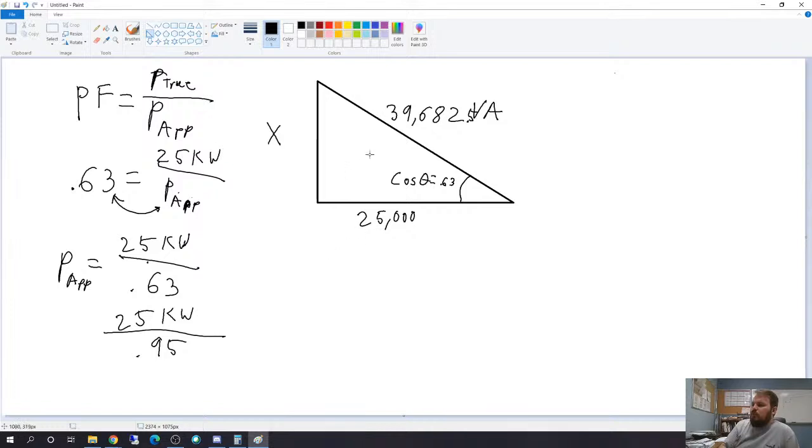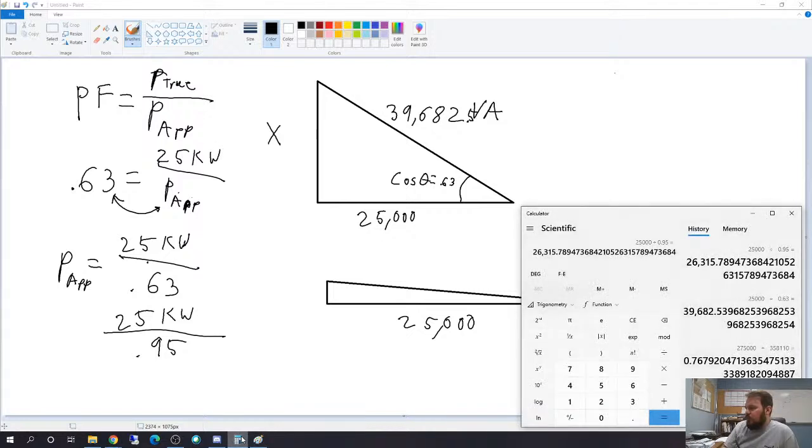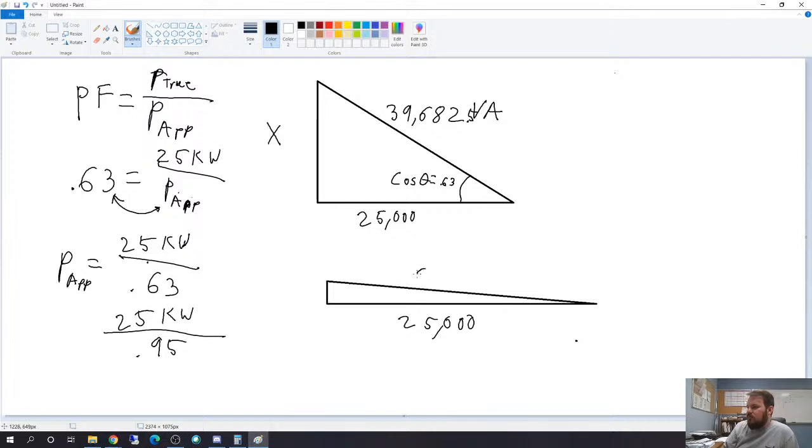So, we're trying to go from this triangle to this triangle, still having 25,000 here because that's not going to change, but we want to get the top to 26,315.8.